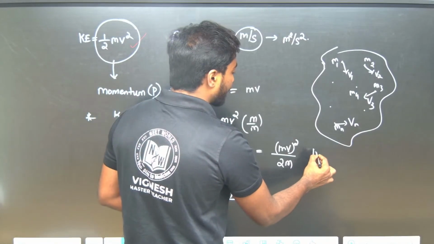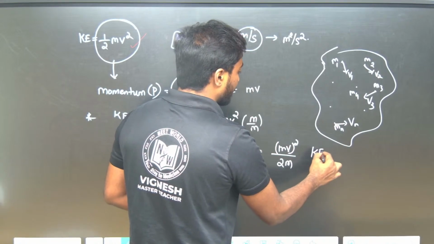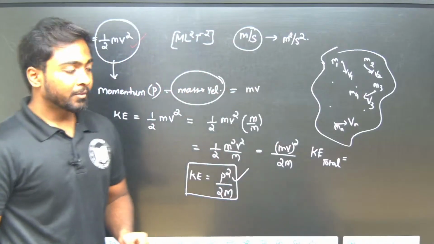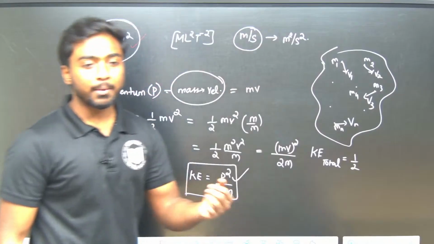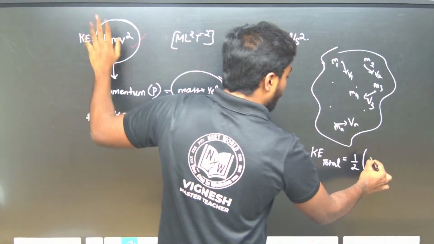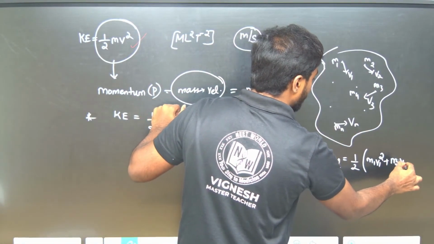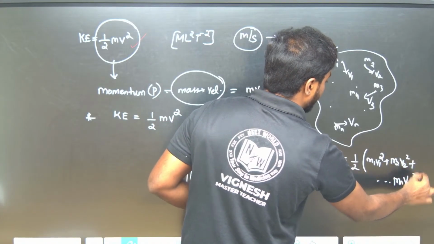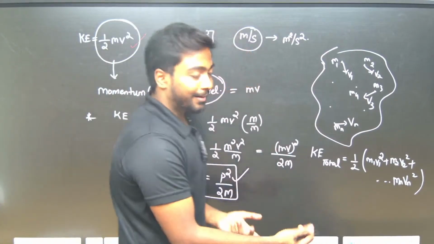The total kinetic energy will be equal to 1 by 2, a common term like a constant, taken outside: m1 v1 square plus m2 v2 square plus up to mn vn square. Done?